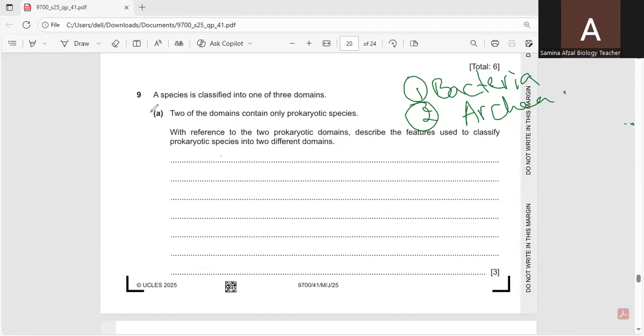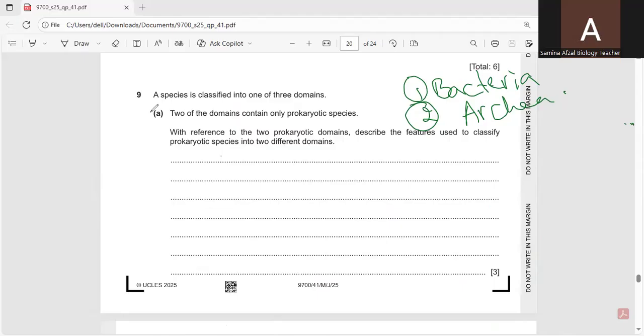The second is the plasma membrane lipids. Bacteria have straight chain fatty acids attached to glycerol by ester linkage, whereas archaea have unique membrane lipids composed of hydrocarbons attached to glycerol by ether linkage. This ether linkage makes their membrane more resistant to heat and harsh chemical conditions.